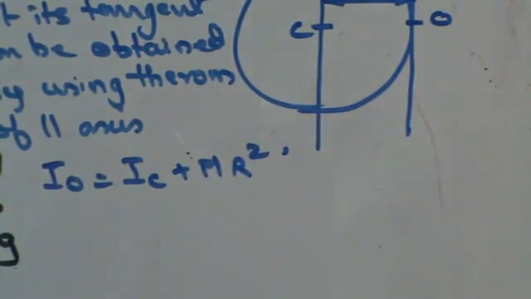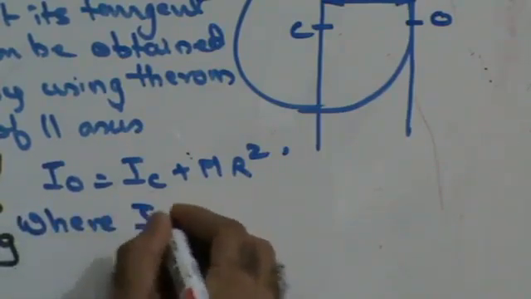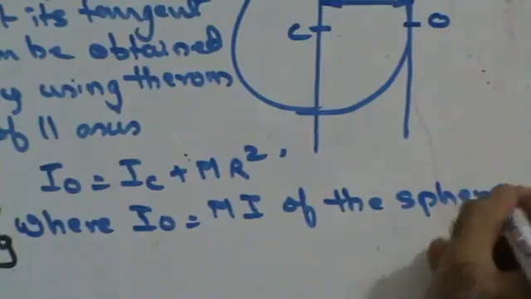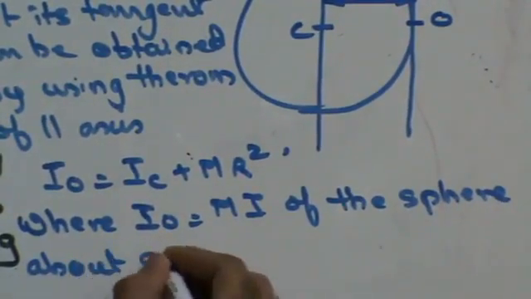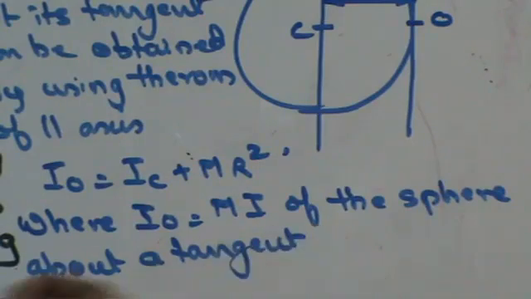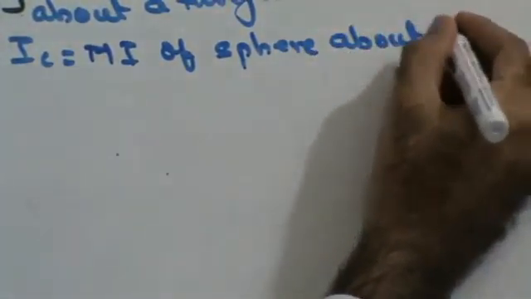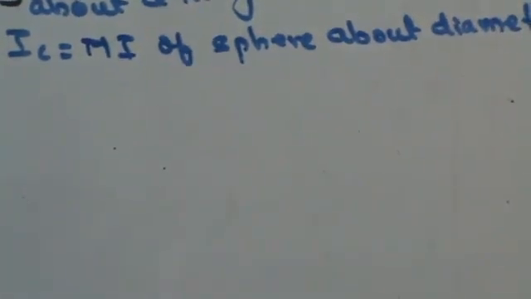Where IO is the moment of inertia of the sphere about a tangent and IC is the moment of inertia of the sphere about the diameter, right?